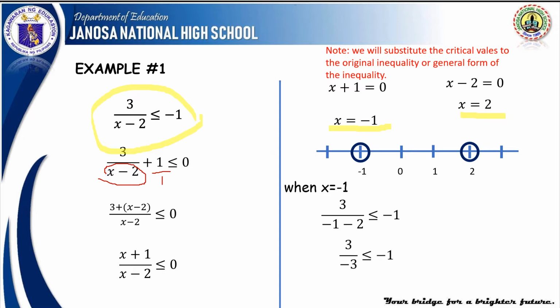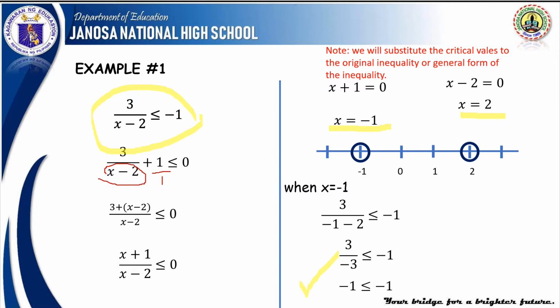By simplifying, we will get 3 over negative 3 is less than or equal to negative 1. And that would be negative 1 is less than or equal to negative 1. And this is correct, meaning negative 1 is included in the solution because negative 1 is equal to negative 1.